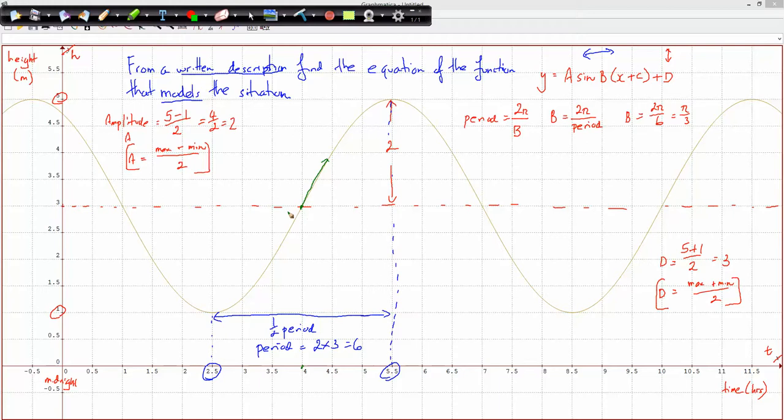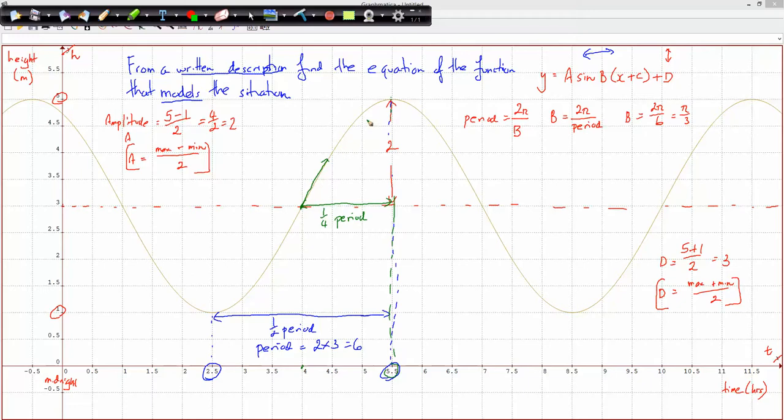So how do we actually calculate that from the written description? Well, look at that maximum, which is occurring here at 5.5, and this here is a quarter of the period. Will that always be true? Yes.